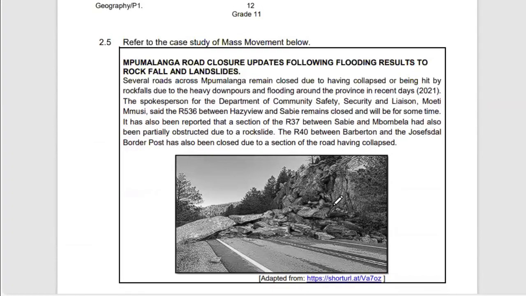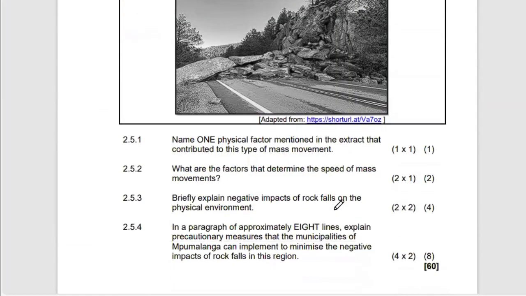Right, let's look at question 2.5. It talks about Mpumalanga road closure updates following flooding resulting in rockfall and landslides. It's a question on mass movements. We are not going to go through the text. Name one physical factor mentioned in the extract that contributed to this type of mass movement.